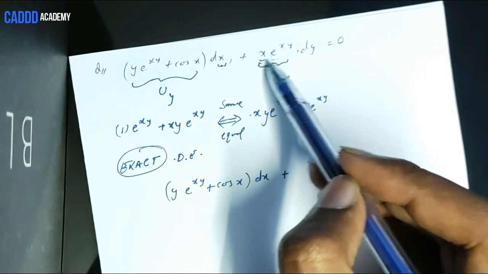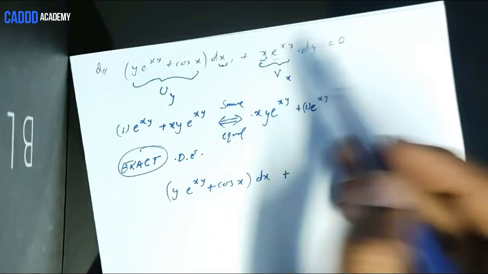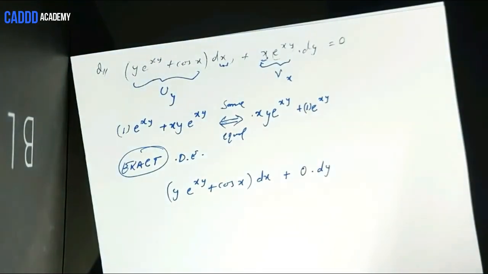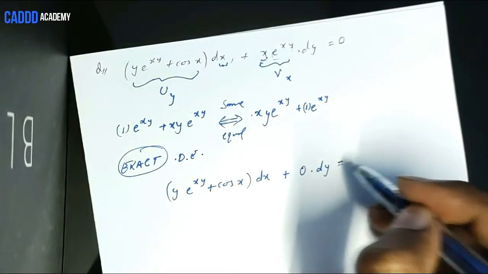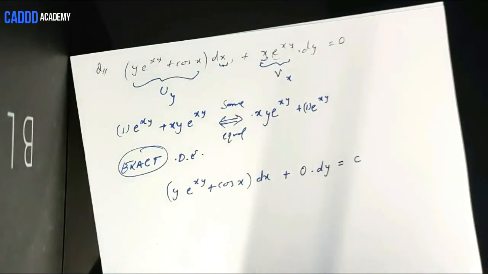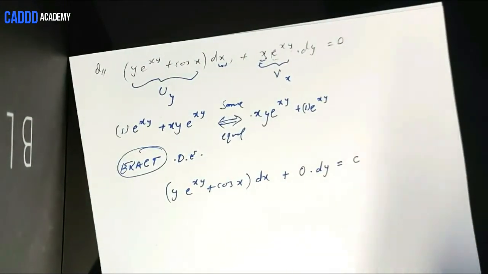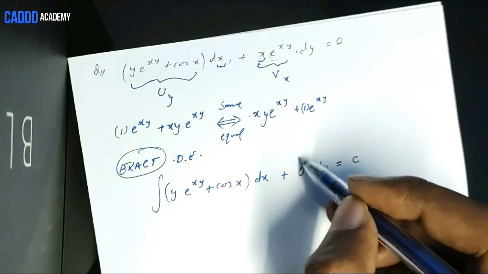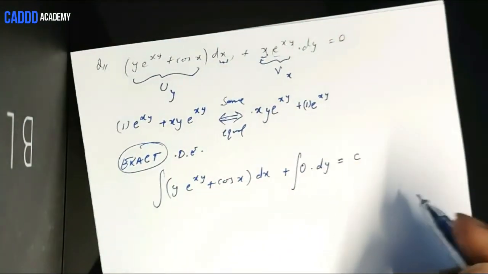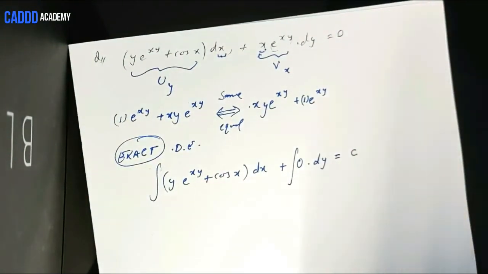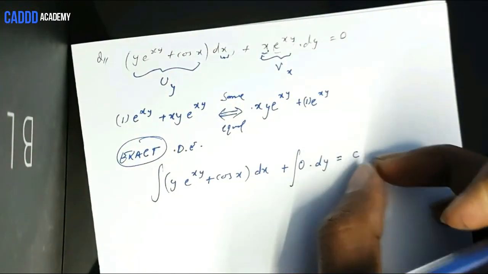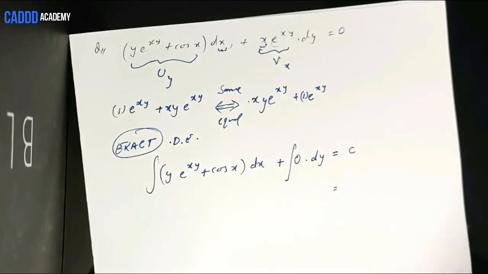Here this term contains x, so we won't take it, it will be 0 dy, and that will be equal to a constant, because we are doing integration. So let's integrate what we have. After integration we will get the constant, and that constant should not be integrated.